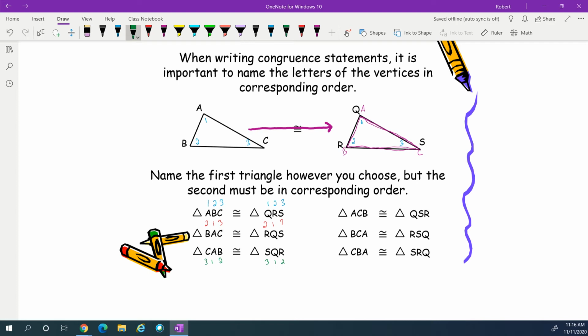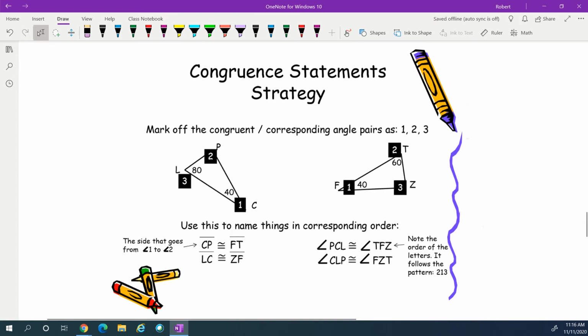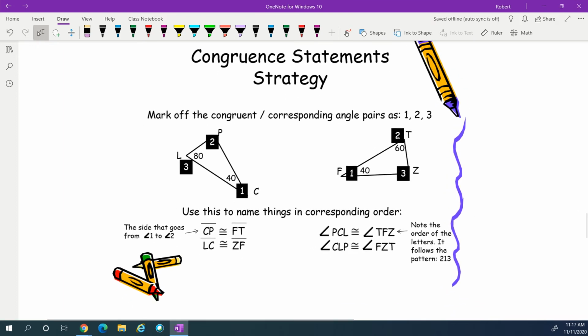Let's look at a few more examples. So looking at our strategy, we're told these triangles are congruent, but we have to write out congruent statements. So we want to understand this. In my first triangle, just number them.